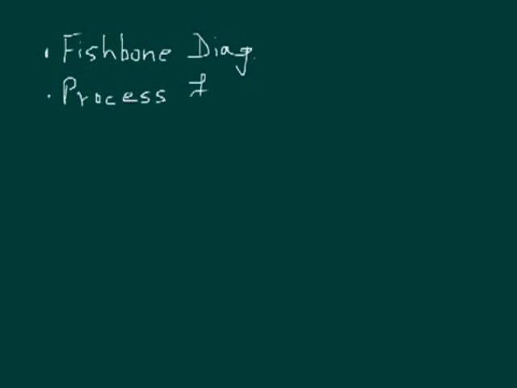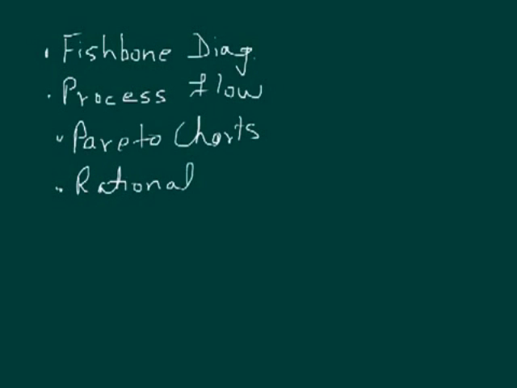To define the problem, you can use the fishbone diagrams. You can create a process flow map. Again, you can use Pareto charts. And then the other one is rational subgrouping.